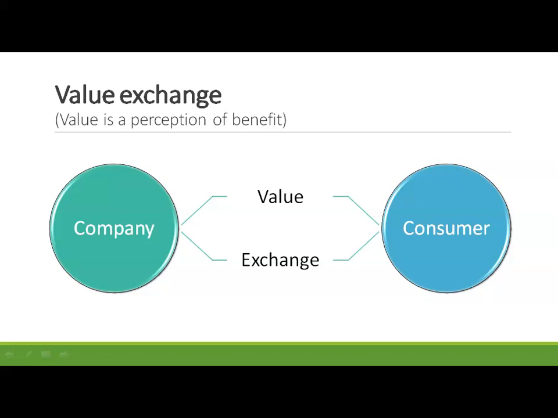And in return the consumers are returning money. In terms of money, the company is getting benefits. So value is a perception of benefits rather than something that is material. It may or may not be quantifiable, and it may be highly valued or of limited value. It may also be subconscious rather than consciously assessed.